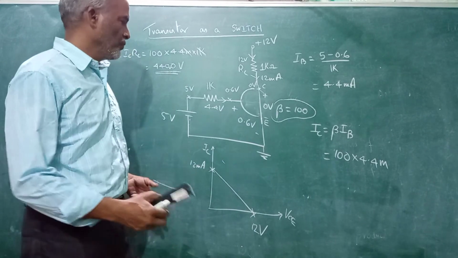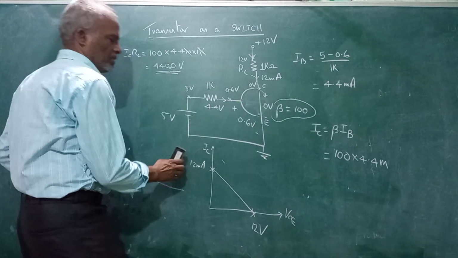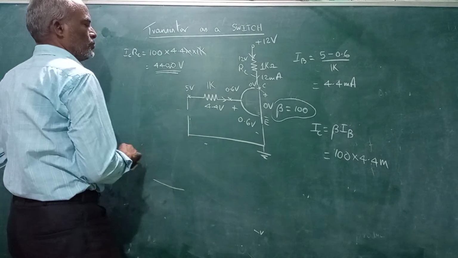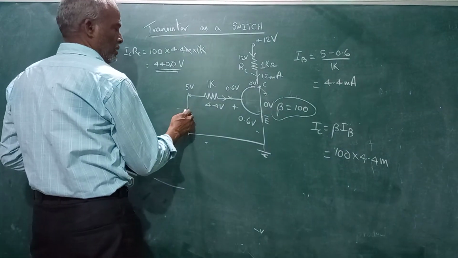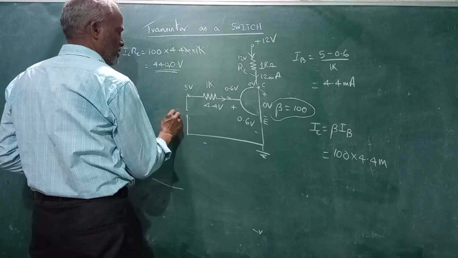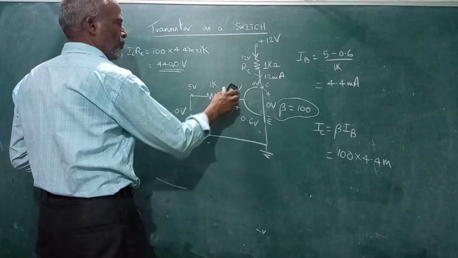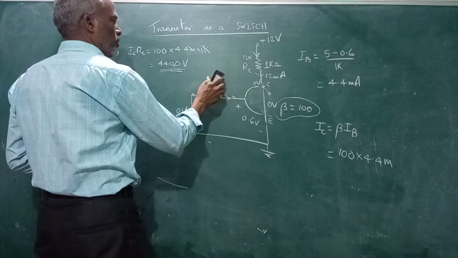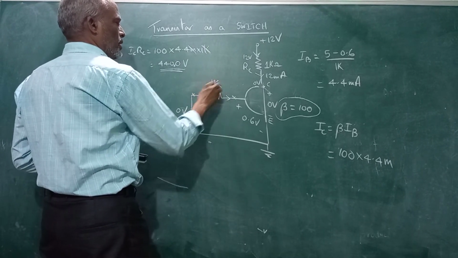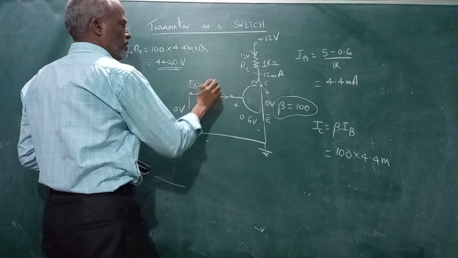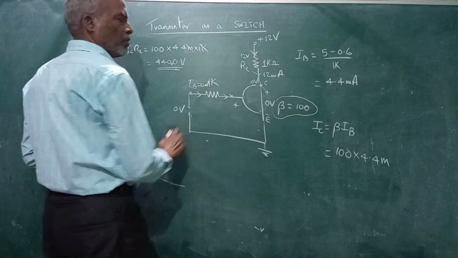Now assume another case, where the supply voltage is 0 now. You are not giving any voltage at all. So here the voltage is 0 volts. 0 volts means no current will flow. So here IB equal to 0 milliamps. You won't get any voltage drop here, 0.6.